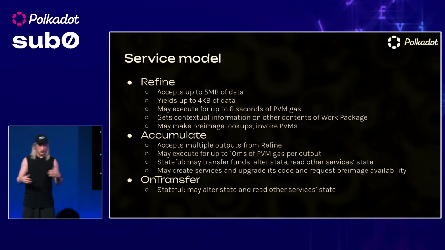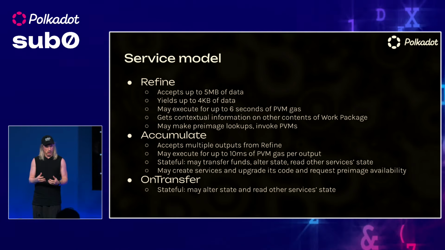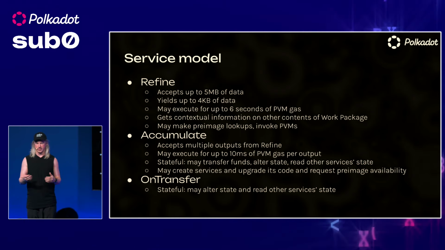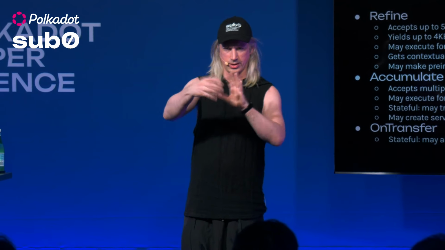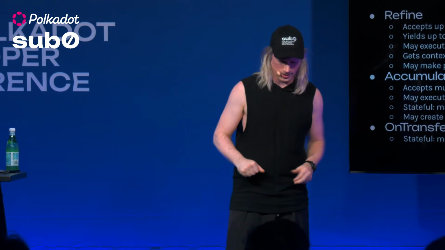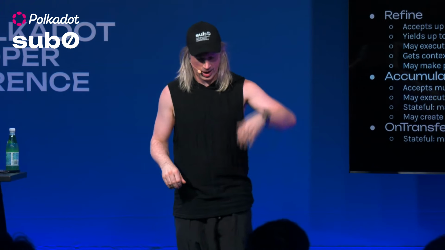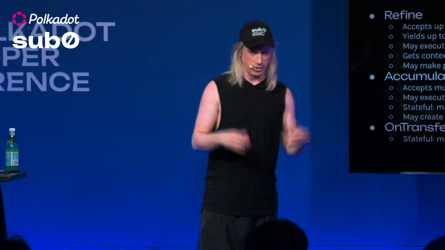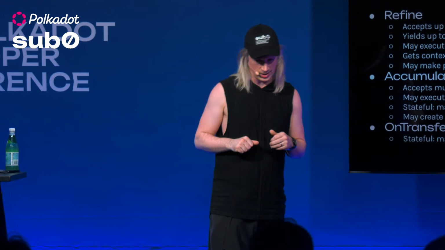So to give an example, for a parachain, the 5 megabytes of data would be something like the provability block, right? It's basically this bunch of information that includes the block header, the transactions, and any witness data that the block is going to draw upon from the parachain state.